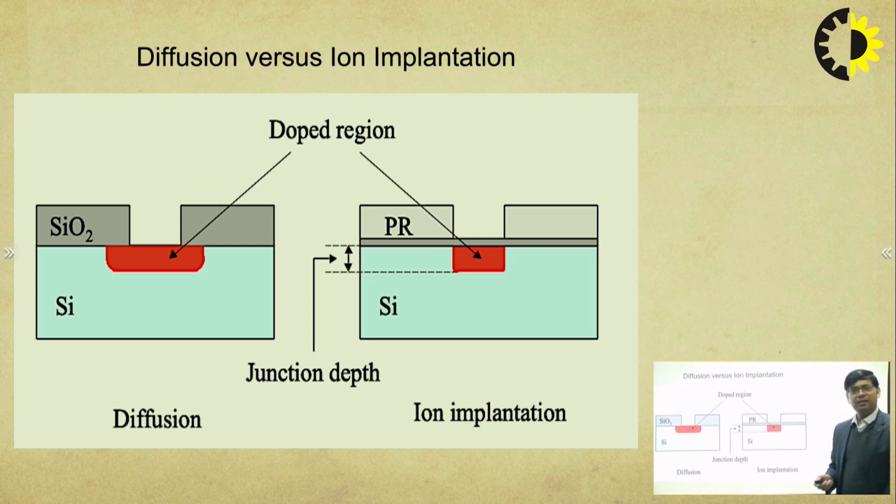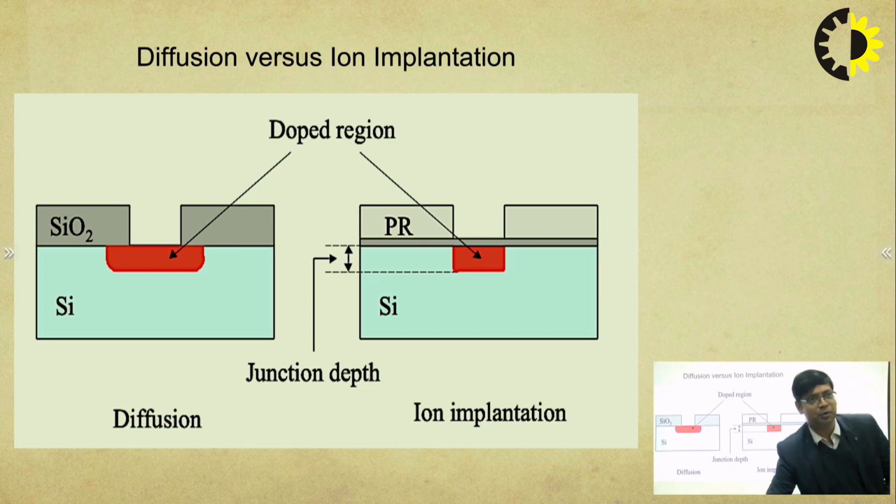Let us compare the diffusion and ion implantation processes with the help of this figure. As we can see, there is an area where dopants are to be inserted into the wafer. There is an opening there, and if you compare the doping in diffusion and ion implantation, you will see that ion implantation is more controlled doping.